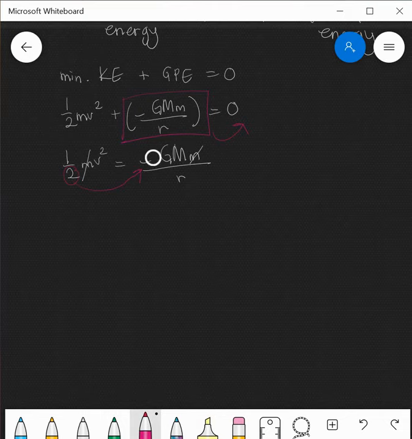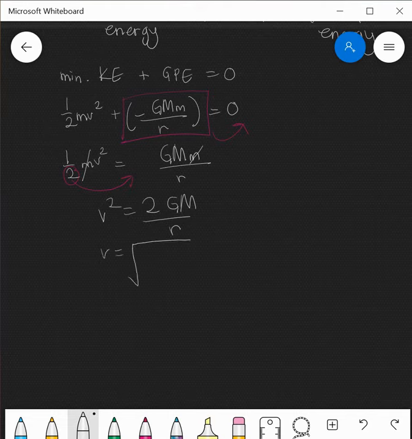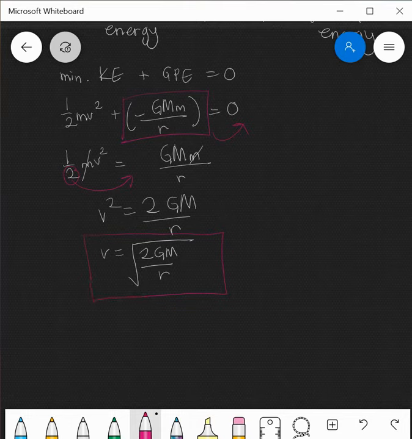Okay, sorry, negatif ni hilang dah lah bila bawa ke sana kan. Okay, negatif tu hilang. Okay, so next v square equals to 2GM over r. V awak kena square root lah. Square root 2GM over r.